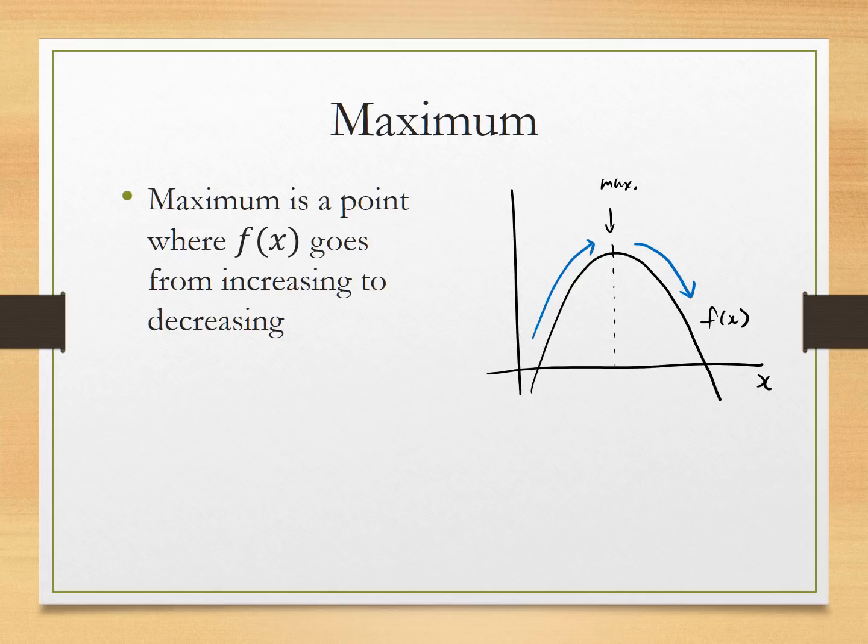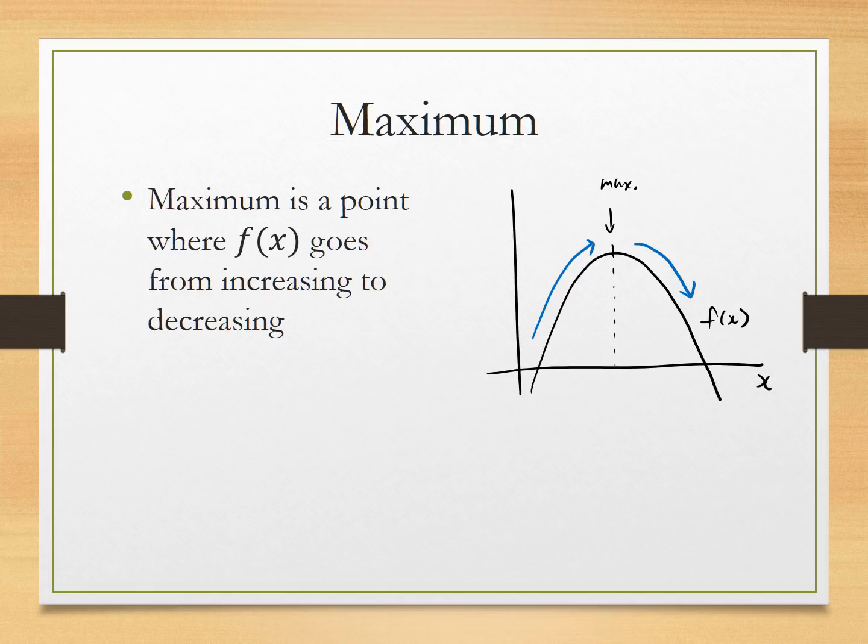That means all the points around the maximum have to be lower than the maximum. The only way you can achieve that is for the function to be increasing as x increases, and then once it reaches the maximum, the function has to start decreasing. So the function is increasing on the left and decreasing on the right.